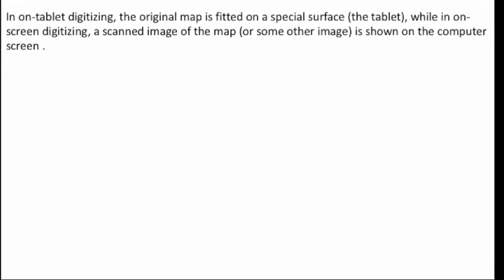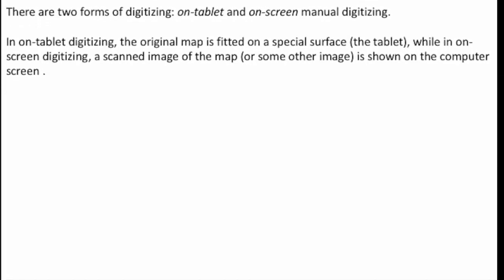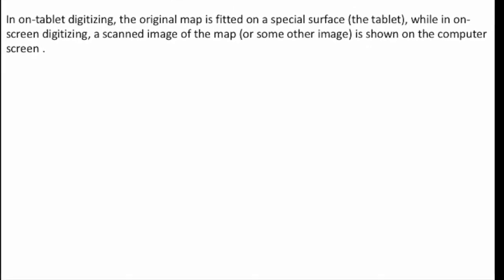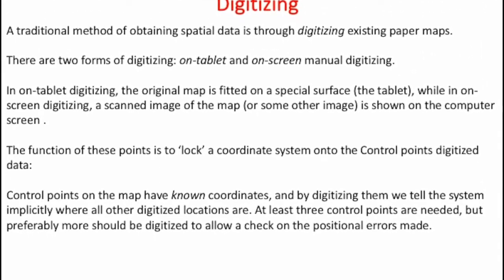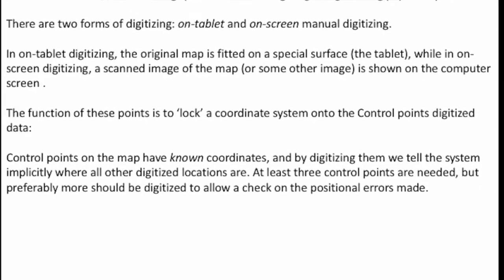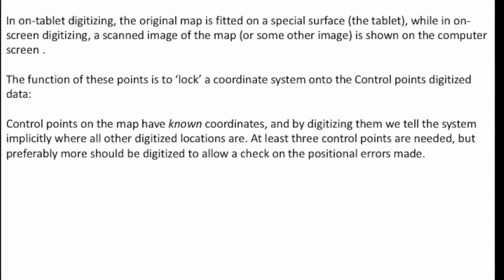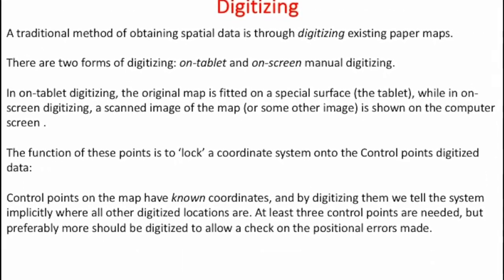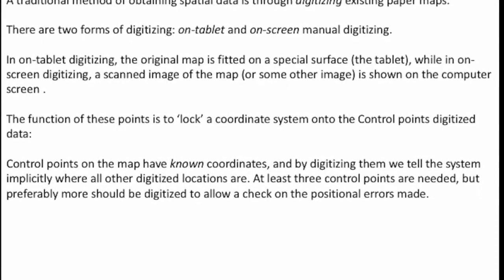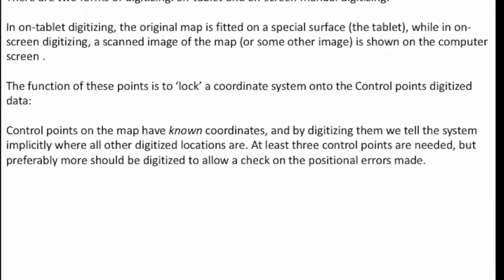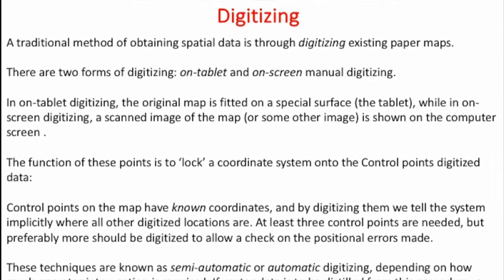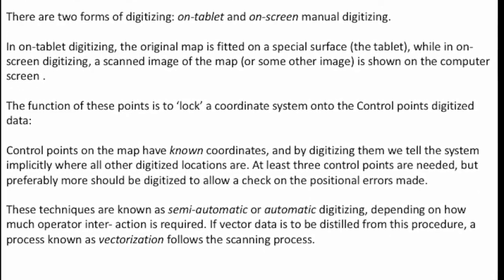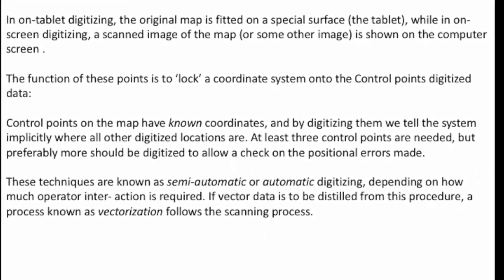A mapping optical scanning system automatically captures map features, text and symbols. In tablet digitization, this function locks a coordinate system onto the control points. Digitized data control points on the map have known coordinates. We should provide at least 3 control points, but preferably more should be digitized to allow a check on the positional error made. There is also semi-automatic as well as automatic digitization, depending on how much operator interaction is required.